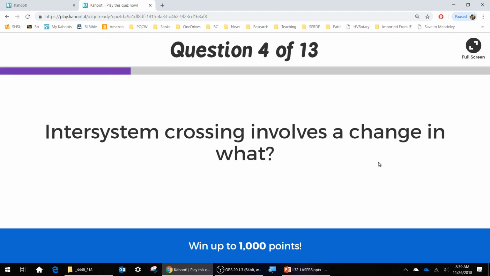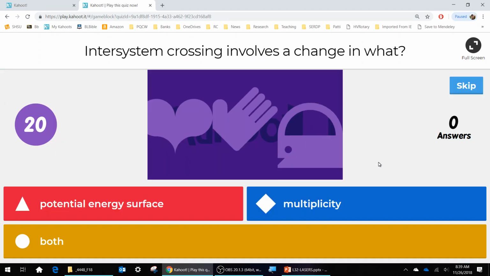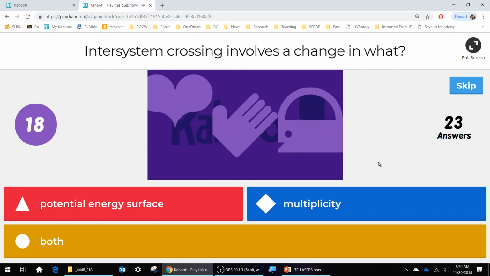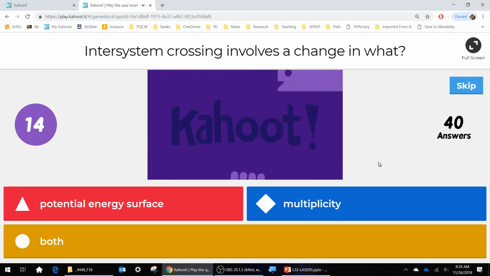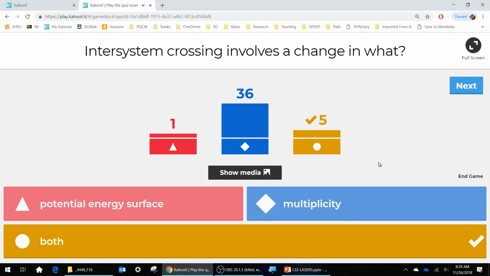It's intersystem crossing. Which does it involve? Yeah, exactly. You should not miss that. That's 5 easy points on the test. It's both. Okay. You change potential energy surfaces and you flip a spin. Okay. So 5 easy points for 5 people.